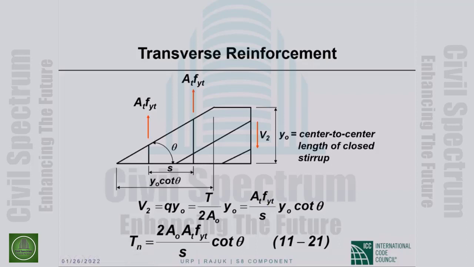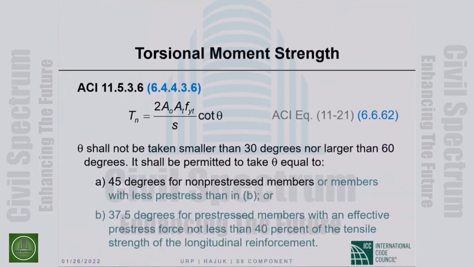So the expression for T sub n that we rewrote: theta shall not be taken smaller than 30 degrees nor larger than 60 degrees. It shall be permitted to take theta equal to 45 degrees for non-pre-stress members or members with less pre-stress than indicated here.